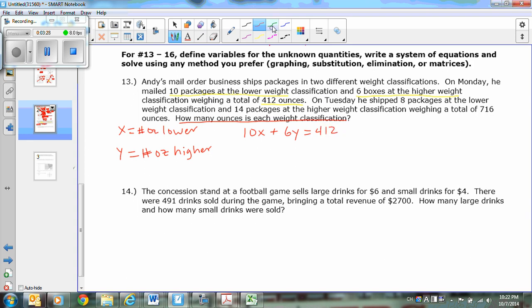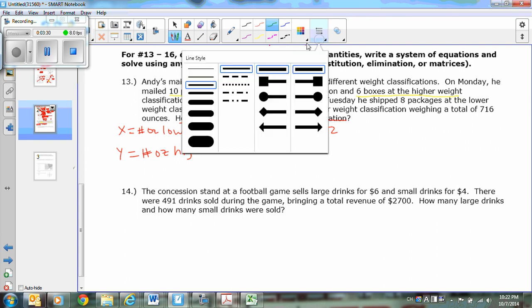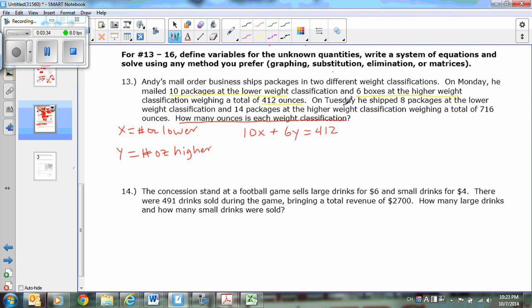Now to get the second equation, let's go back and look at the problem, see what it says. Let's see what happened on Tuesday. On Tuesday, he shipped 8 packages at the lower weight classification and 14 packages at the higher weight classification for a total of 716 ounces. So that sentence will provide our second equation.